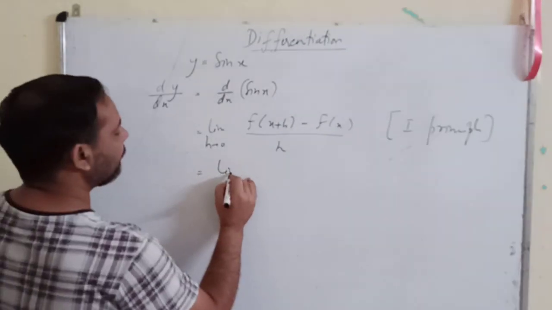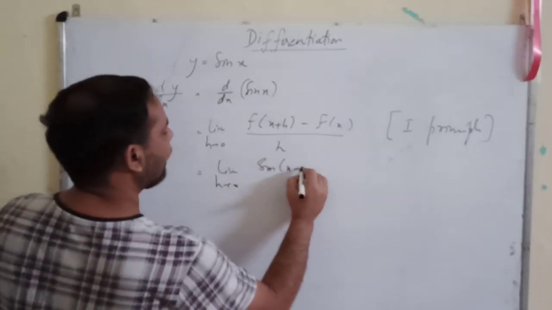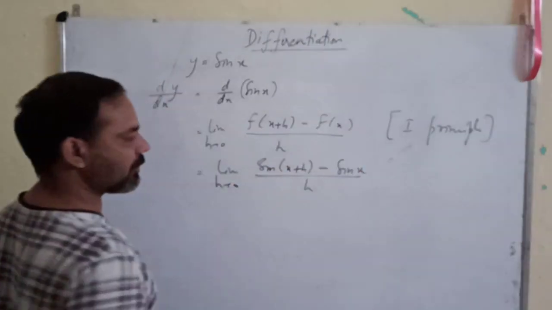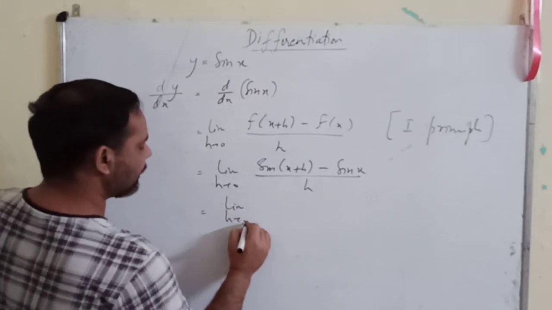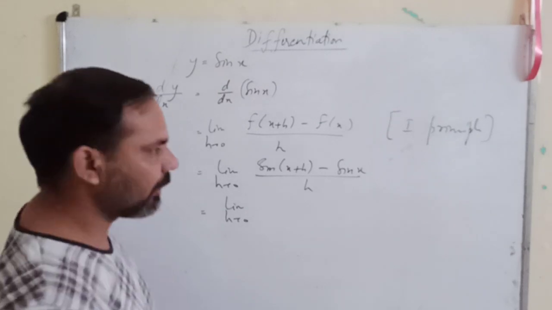So what you have is limit h tends to 0, sin of x plus h minus sin x, upon h. Now, can you apply the formula for sin a minus sin b here? Yes.